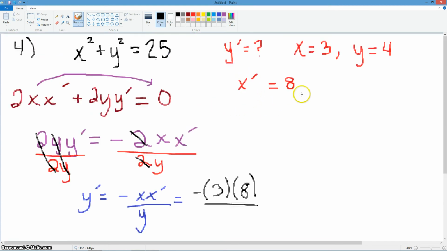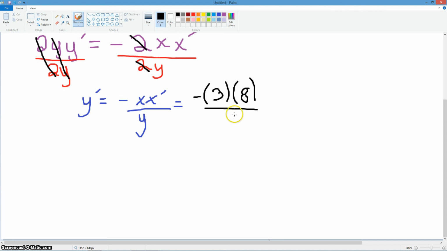All over y, which is 4. So we have 8 times 3 times a negative, so that'll be negative 24 over 4, and that gives us negative 6 as our answer.